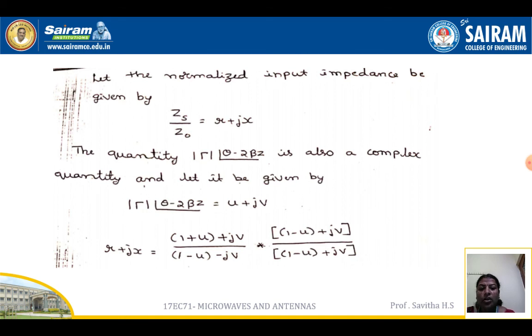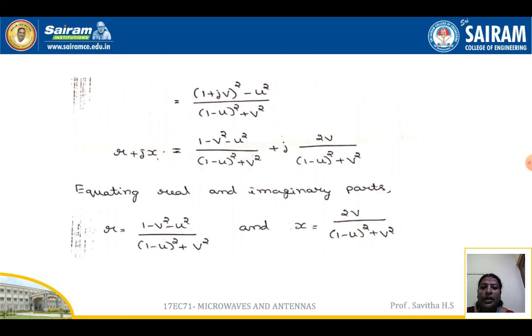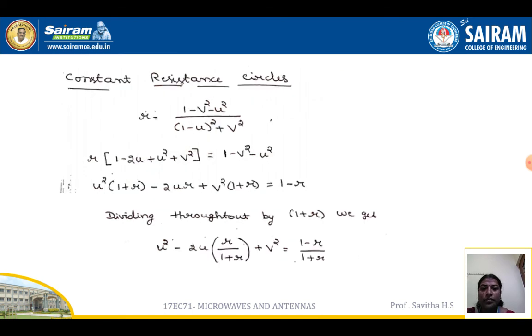Taking the conjugate, I get R plus jX as (1 minus V square minus U square) divided by ((1 minus U) whole square plus V square) plus j 2V divided by ((1 minus U) whole square plus V square). Equating the real and imaginary parts, R is equal to (1 minus V square minus U square) divided by ((1 minus U) whole square plus V square), and X is equal to 2V divided by ((1 minus U) whole square plus V square).